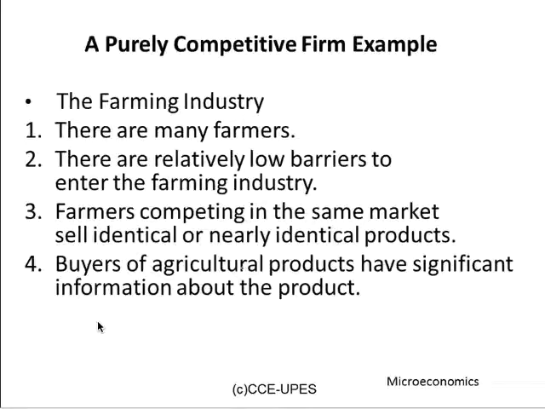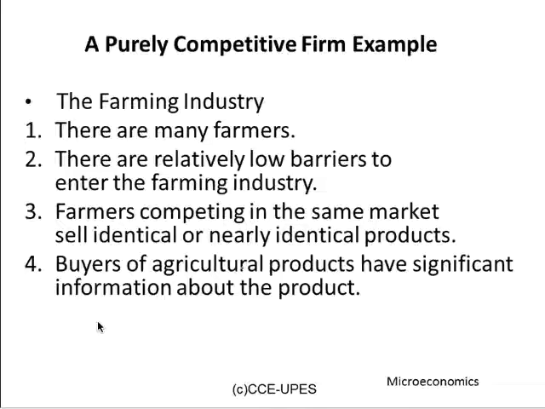So in a purely competitive firm, examples are farming industry, agriculture. There are many farmers, small, big, all put together. There are so many farmers that the produce of one farmer coming to the market will not make much difference to the overall supply.